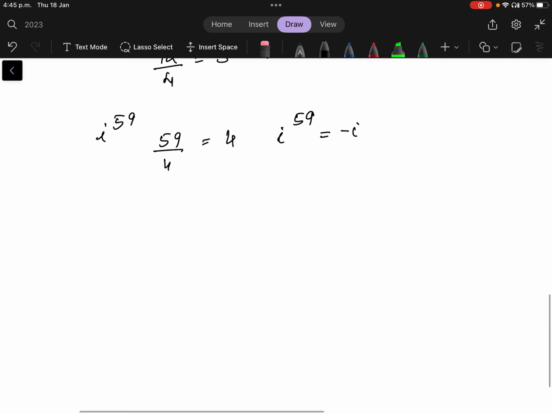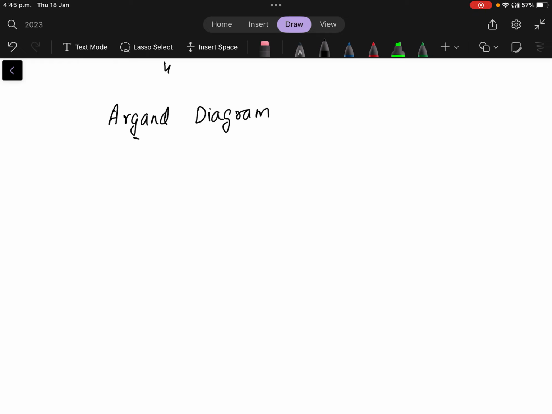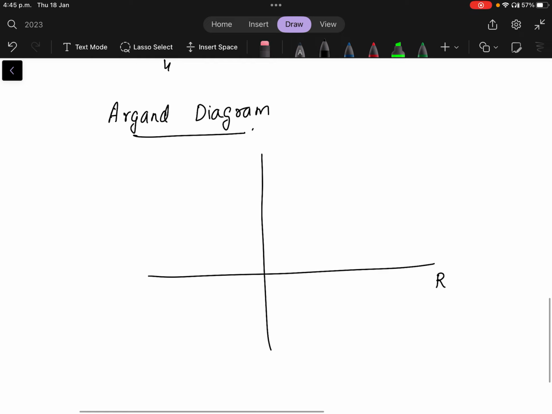Now you have the concept of the Argand diagram. The Argand diagram is nothing but representing the complex number in a coordinate plane. The x-axis denotes the real number, and the y-axis denotes the imaginary number.